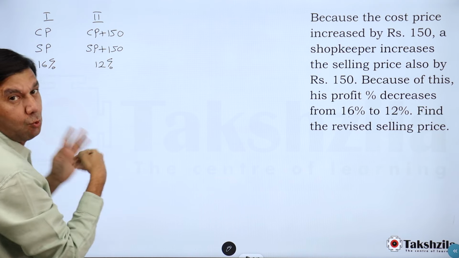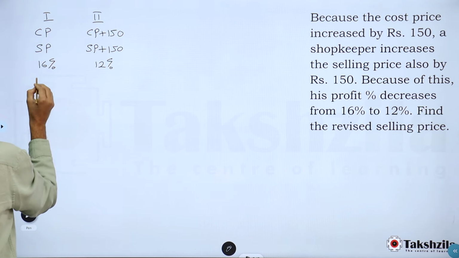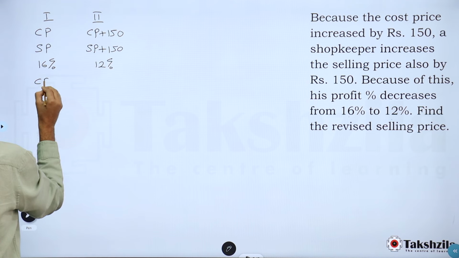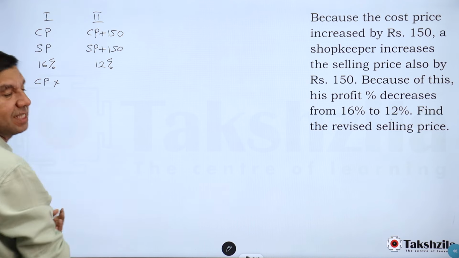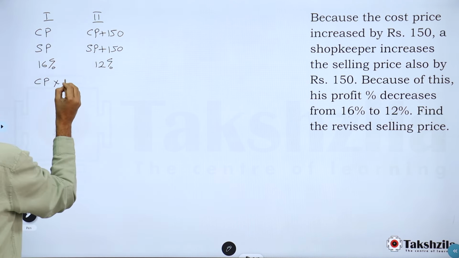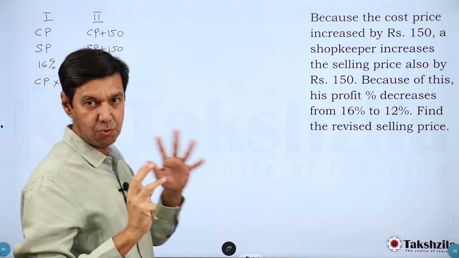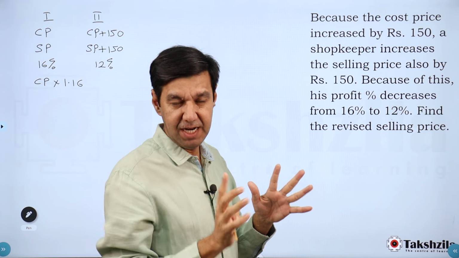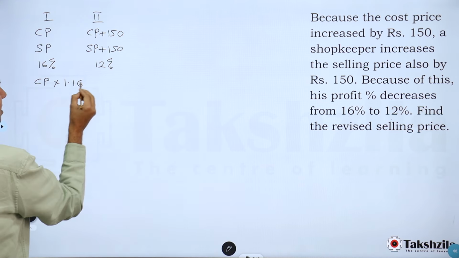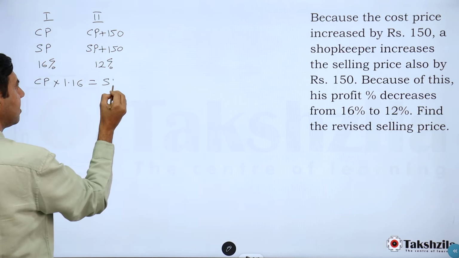The equation that we recommend is start with the cost price into 1 plus the profit percentage. So that is 1.16. The 16 and 12 aren't very fraction friendly numbers, so we will use decimals, and this is your selling price.